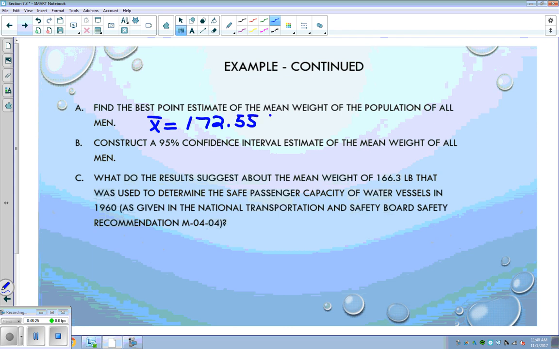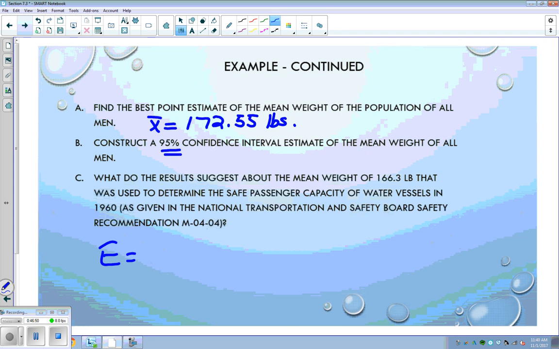I go to the next screen and I don't have my numbers there, so you guys have to help me. I'm going to construct a 95% confidence interval estimate of the mean of all men. How am I going to do that? I'm first going to calculate what? My margin of error.